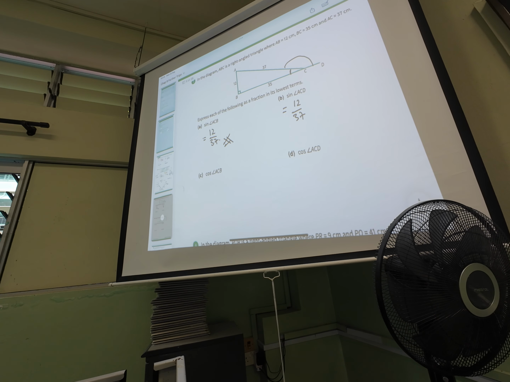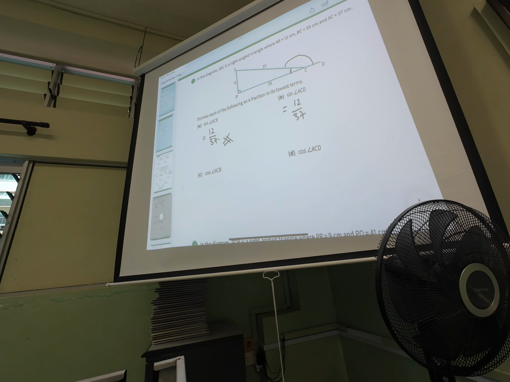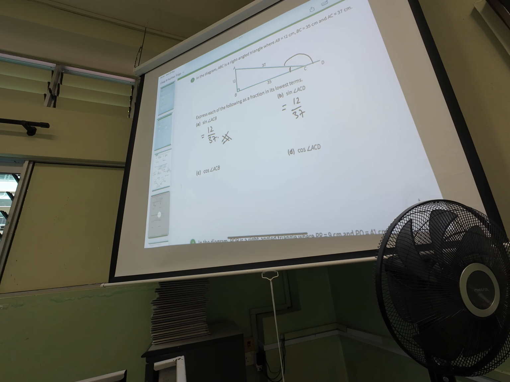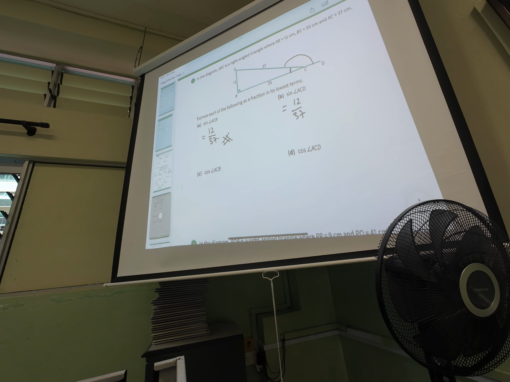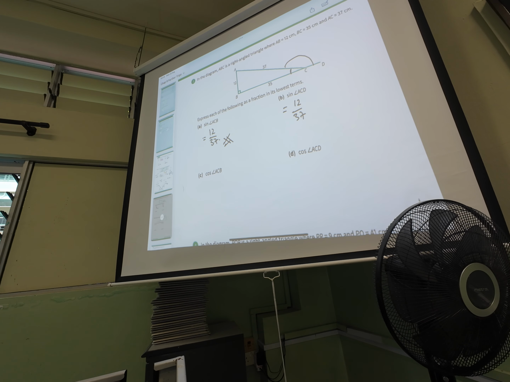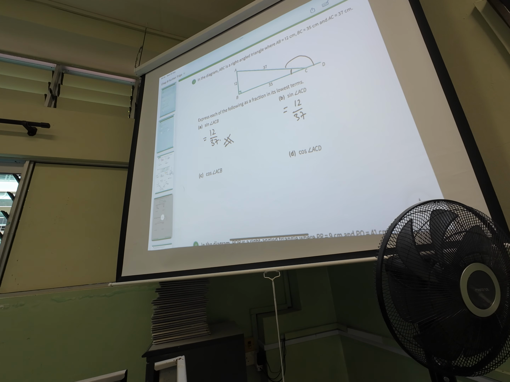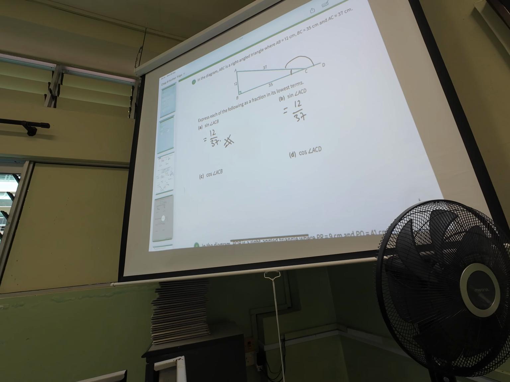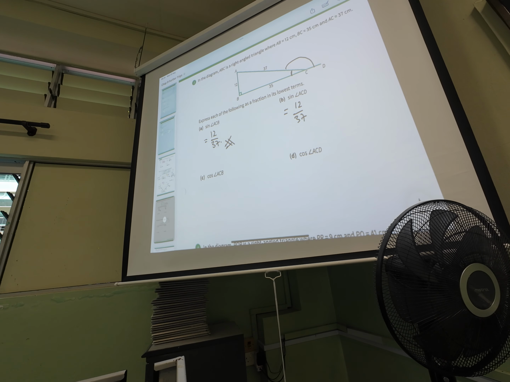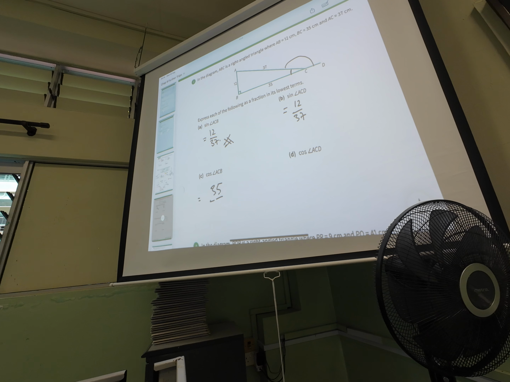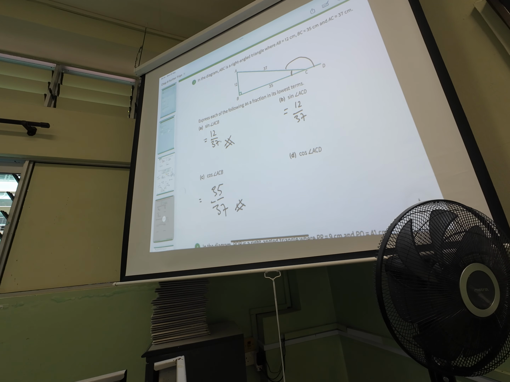Go and write it down yourself. Cosine ACB, cosine ACD. You should be able to get 35 over 37 and negative 35 over 37.